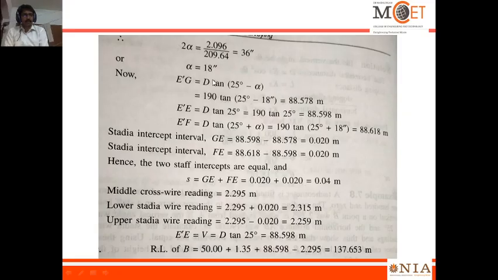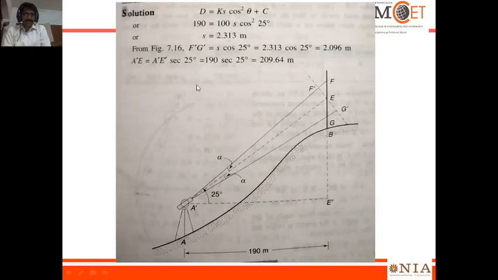Why we need to calculate that alpha? Let's see. E dash G. What is E dash G? This distance, E dash G point, this distance we are trying to calculate.